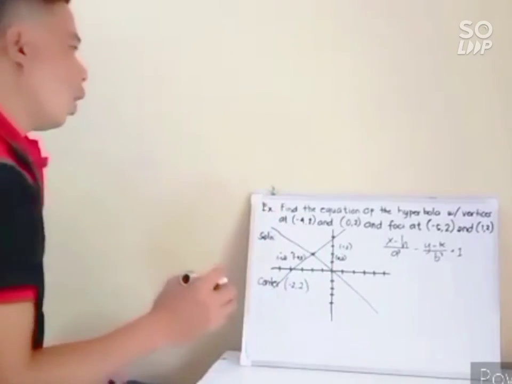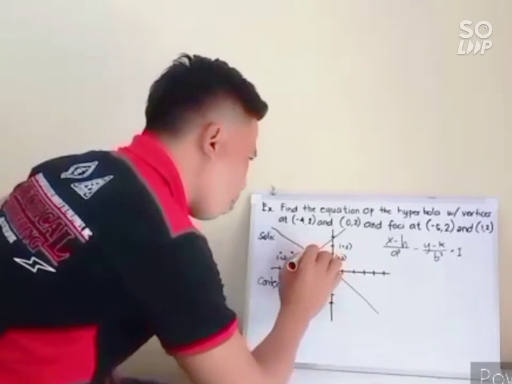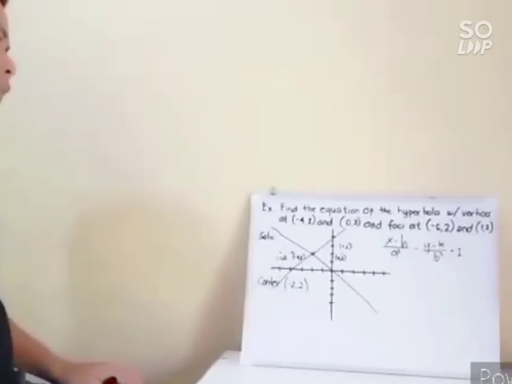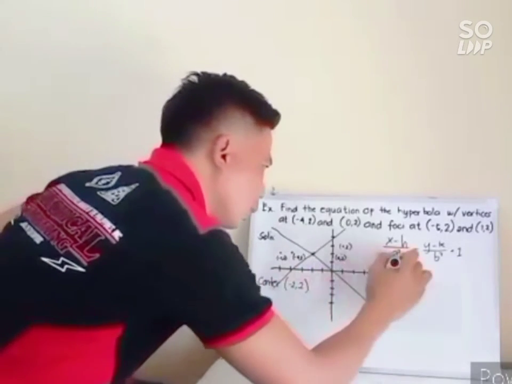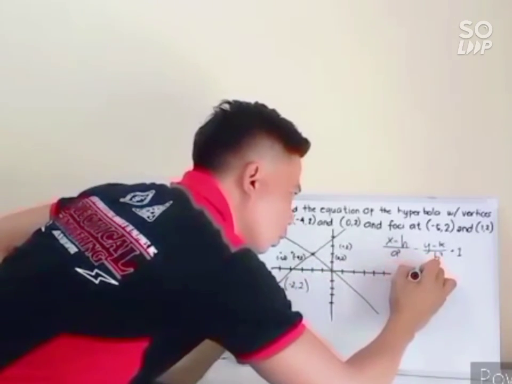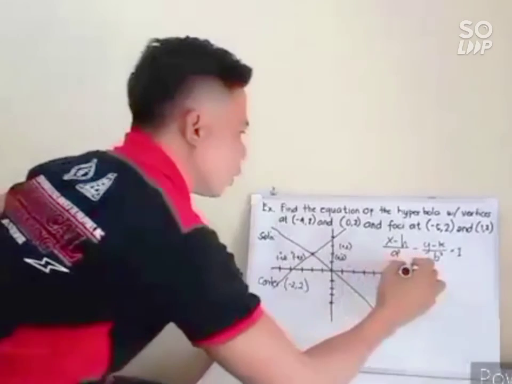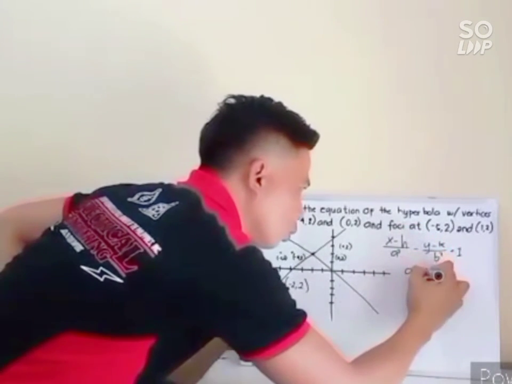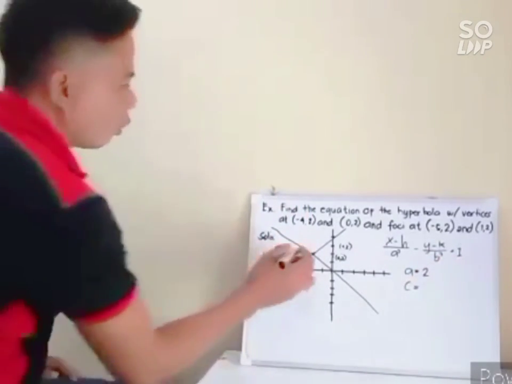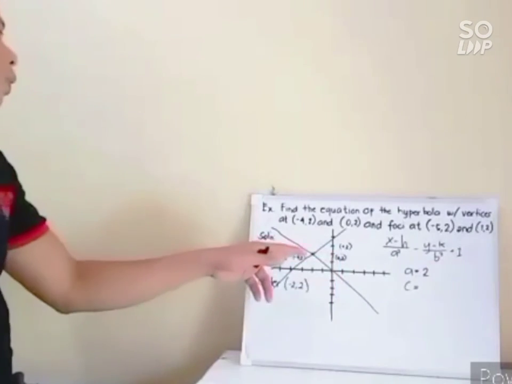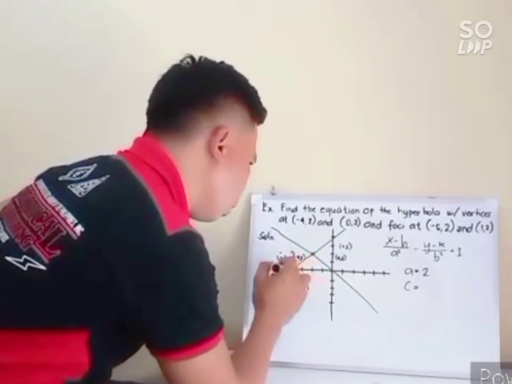Our A here is the distance from the center to the vertex, so it's 2. While our C is the distance from the center to the foci. So it's 1, 2, 3, it's 3 units.